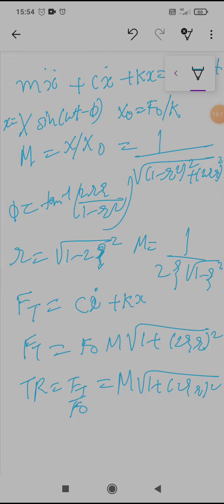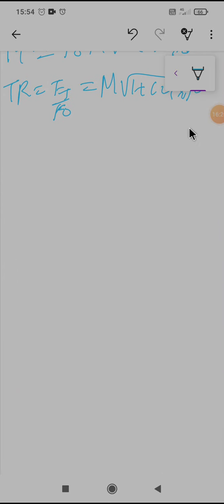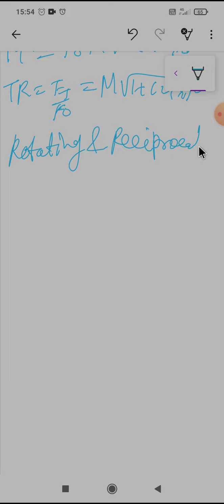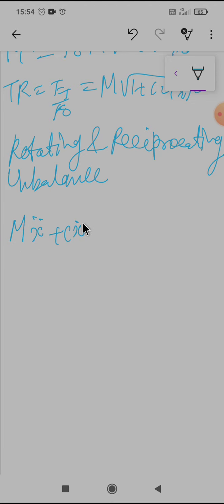Then we saw rotating and reciprocating unbalance. The equation was mx double dot plus cx dot plus kx is equal to m e omega square sine omega t.